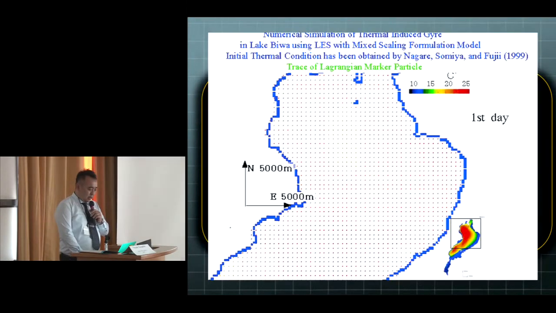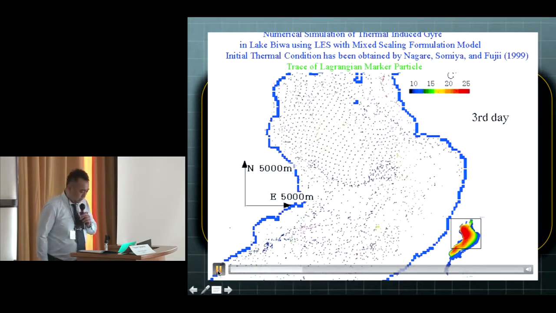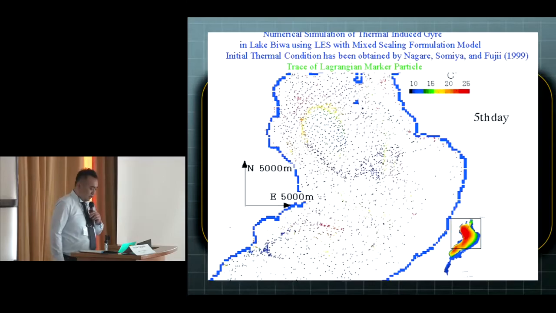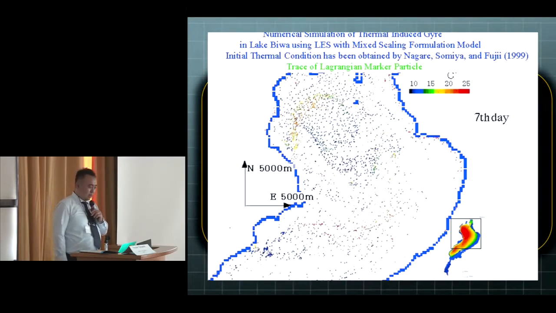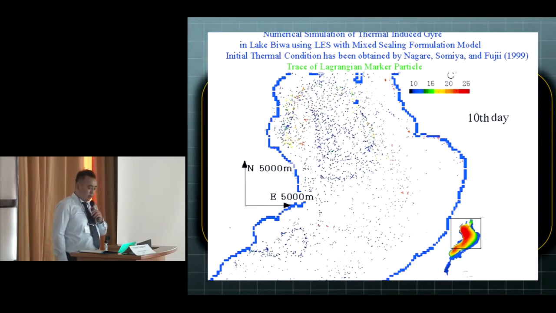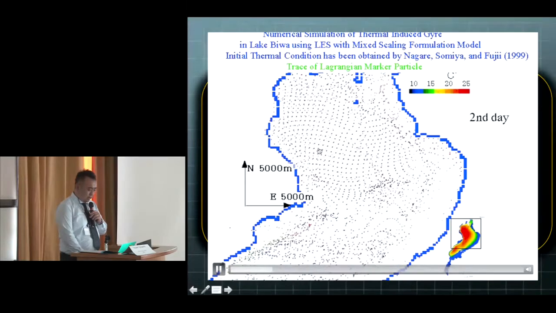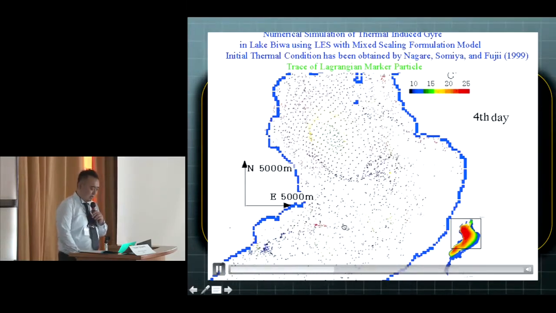We are also doing the calculation of the gyre using particles. This shows the general calculation of the gyre of the North Basin of the lake. This was conducted a very long time ago, but the model shows in the North Basin that an anti-clockwise gyre can be formed.